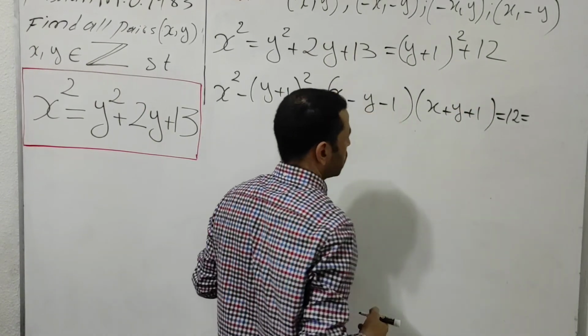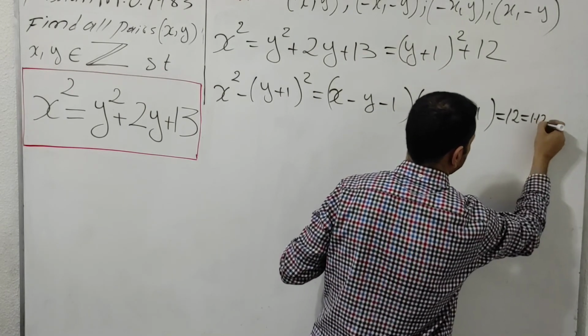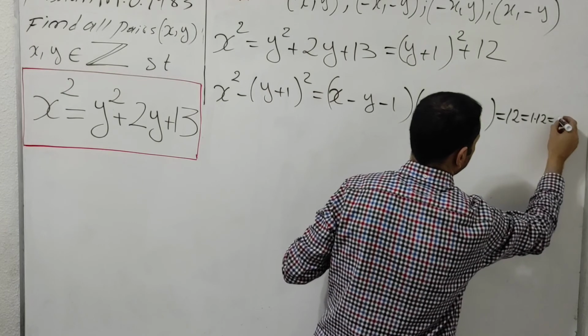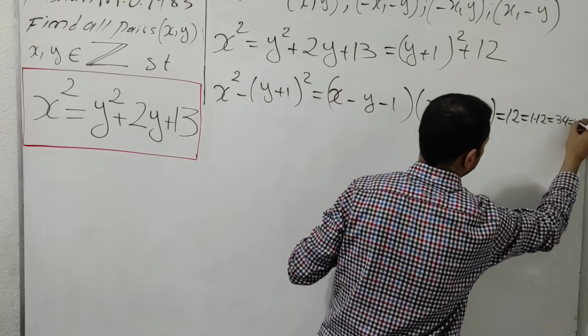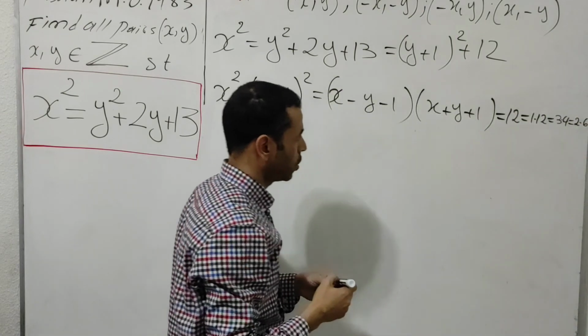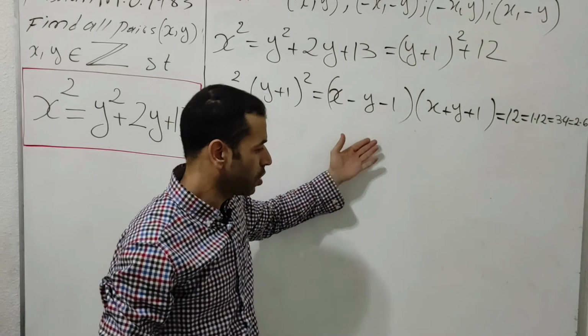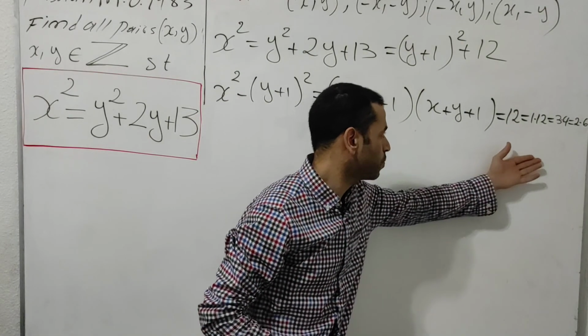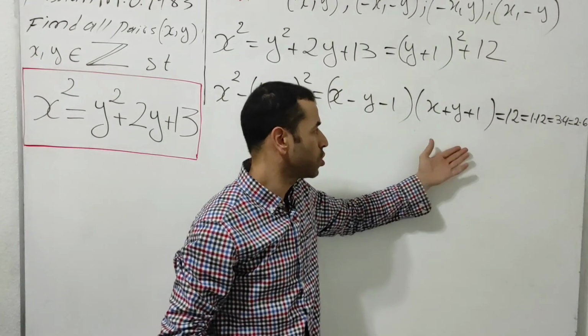I will have three possibilities. The first choice is 1 multiplied by 12. The second is 3 multiplied by 4. The last one is 2 multiplied by 6. Since I'm looking for factorization pairs, I will have three different equation systems. But I'm not going through this one, I'm going through the parity.